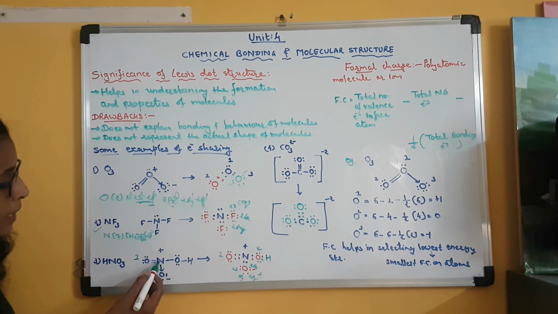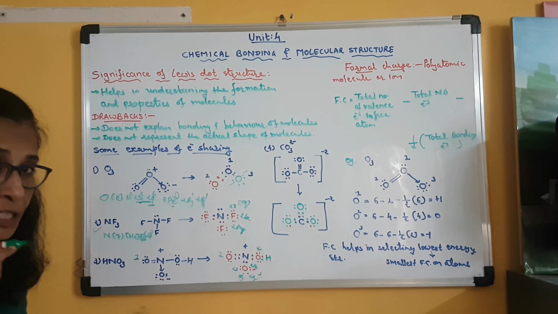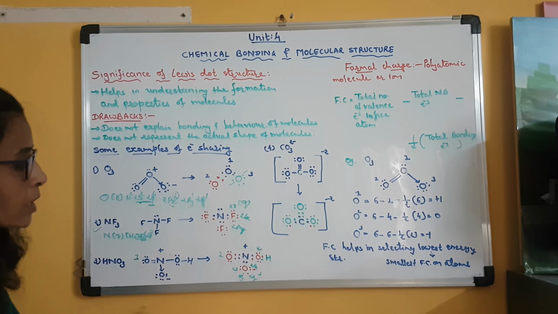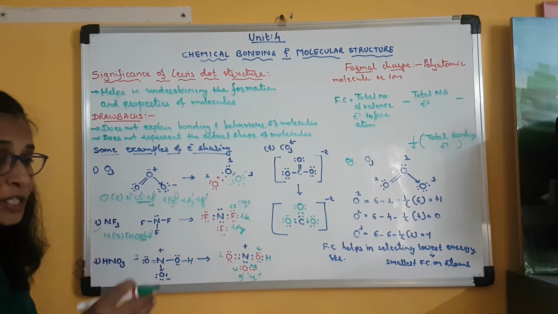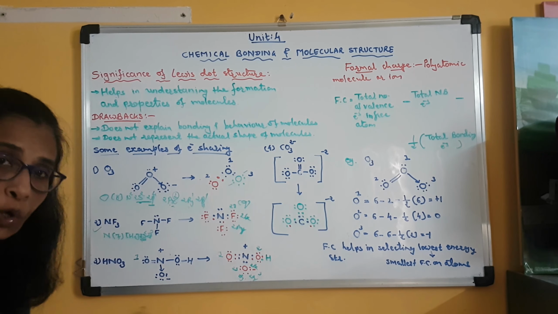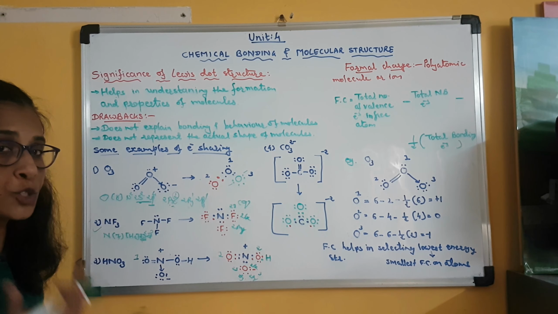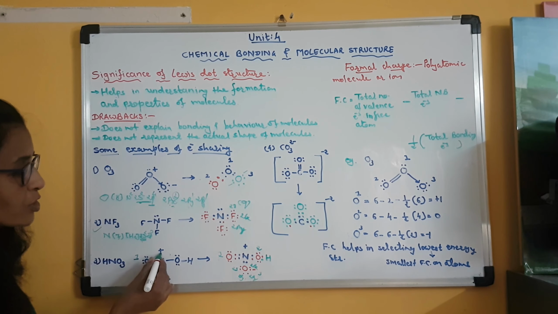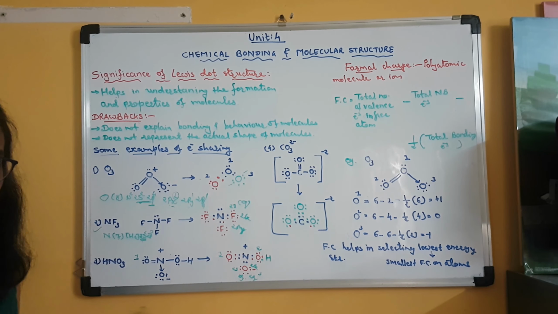And that is why nitrogen, though it has to share only one electron as per the rule for bond formation, has donated the whole electron pair. Means it has donated one extra electron to oxygen, and that is why there is positive charge on nitrogen and negative charge on oxygen atom.